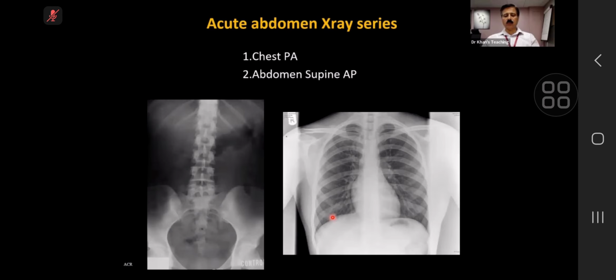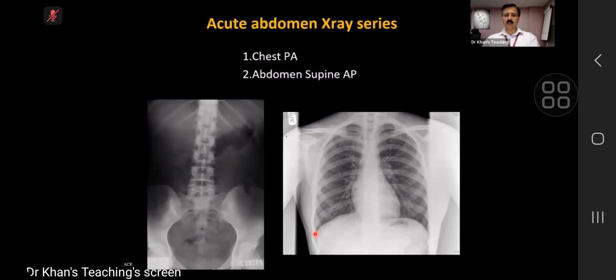So a classical exam question is, this is a suspected patient of pneumoperitoneum. The patient is not well enough to stand. The patient cannot take an erect chest X-ray. What will you do? This is a classical viva scenario. You will say, I'll do a CT. They will say, no, CT is not working.